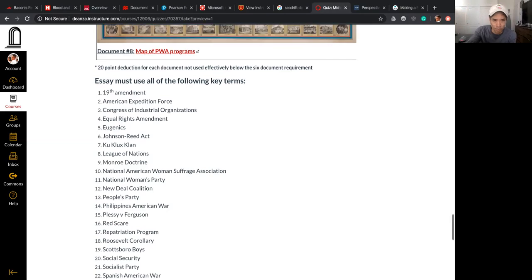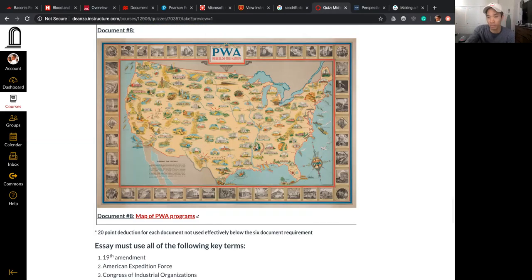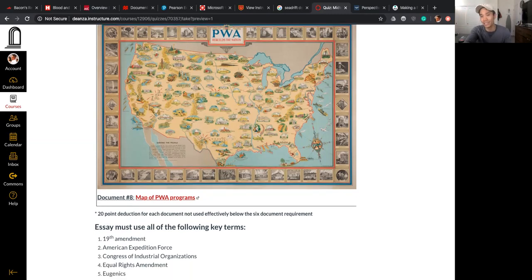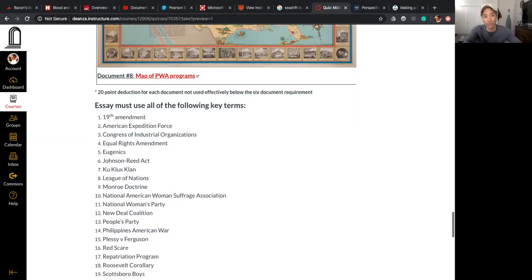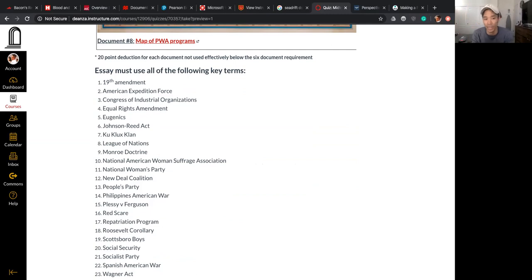So for example, document number 8, right? It's about the PWA, it's about the New Deal, it's about the 1930s, it's about the Great Depression. So what I would do is go into the key terms and try to find which key terms are relevant to that time period and how they relate to the document itself, because that way you can put the key terms and the documents together to help you tell a comprehensive history of the time period.